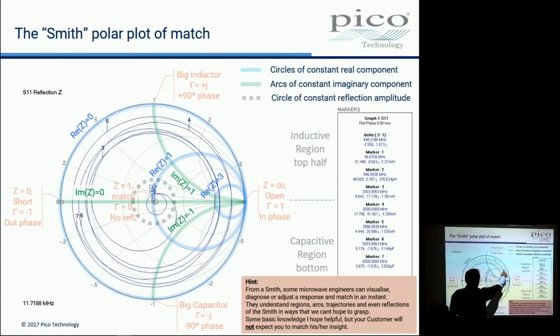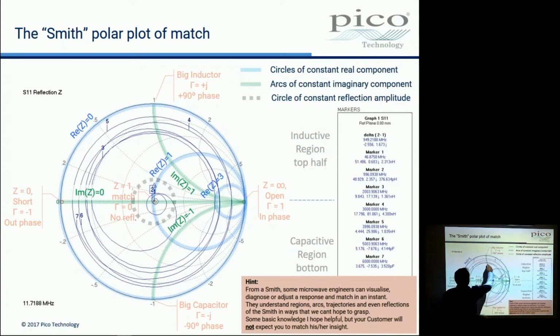So these are circles of constant reflection. No, sorry, I beg your pardon. What did I say? Circles of constant real component. That's not right either. Yeah, the constant reflection curve. Ah, yeah.